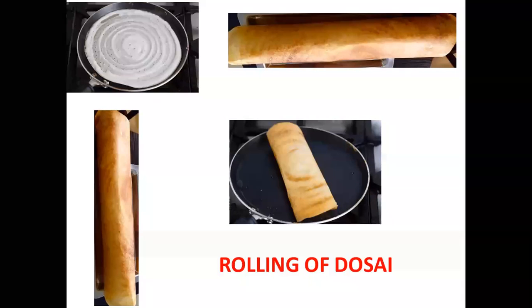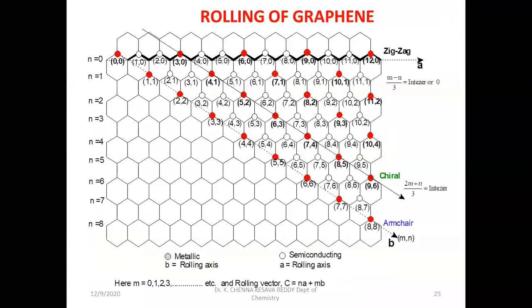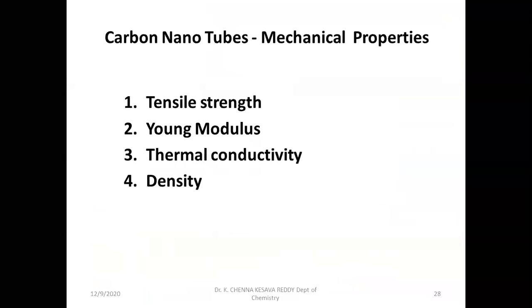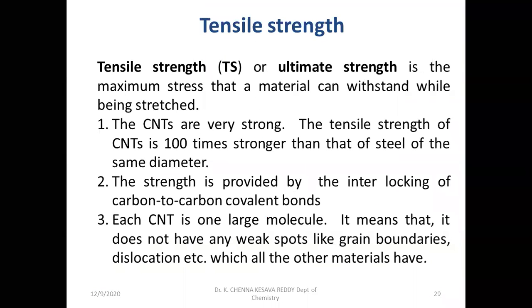That means the covalent carbon-carbon bond is very strong. That's why carbon nanotubes are very strong, and even the tensile strength is 100 times stronger than steel.